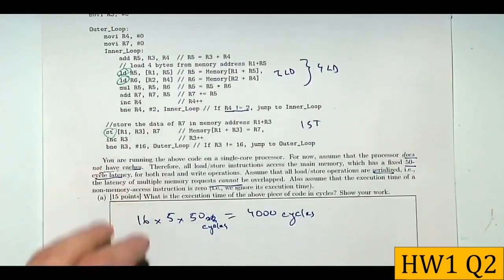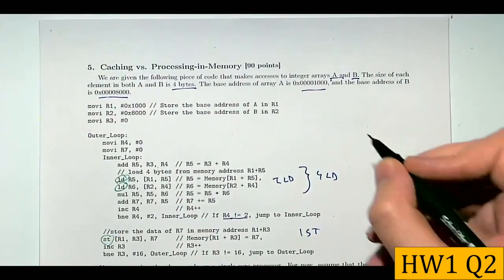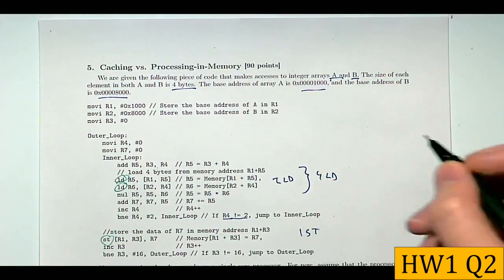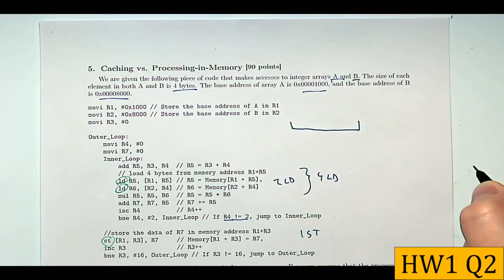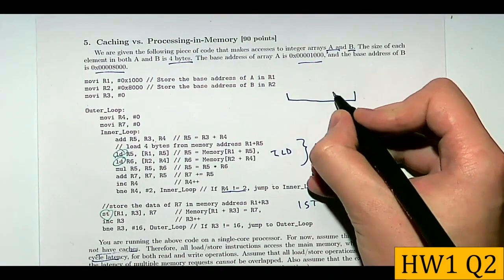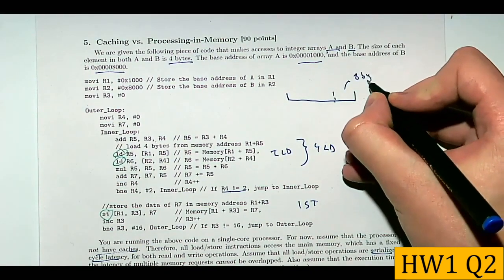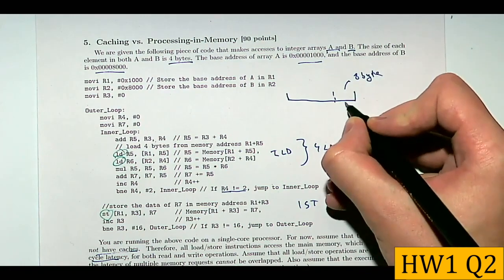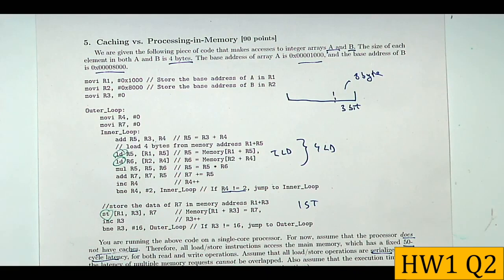And then since we have 128 bytes here, the last 8 bits of the address will have to do something with the cache, right? So basically, since we have 8-byte blocks, the last 3 bits of the address will be the offset, right?